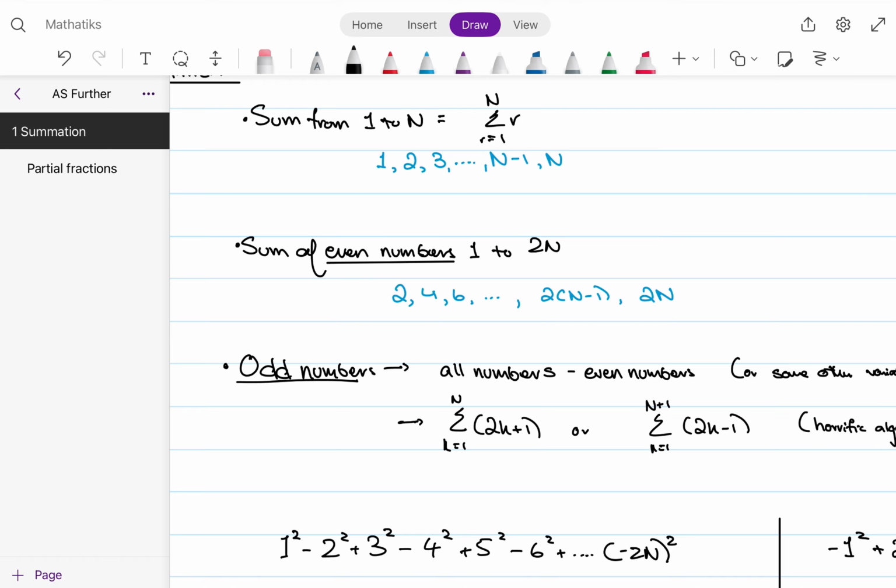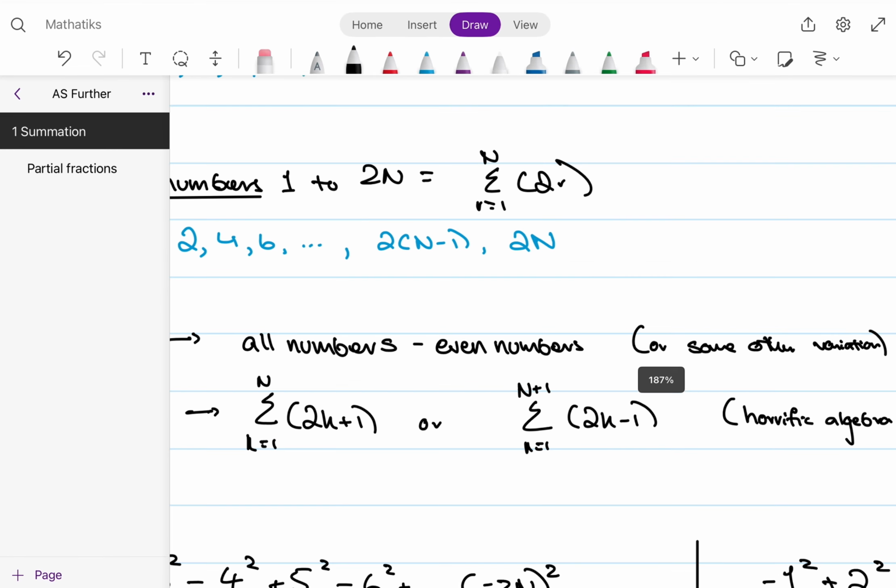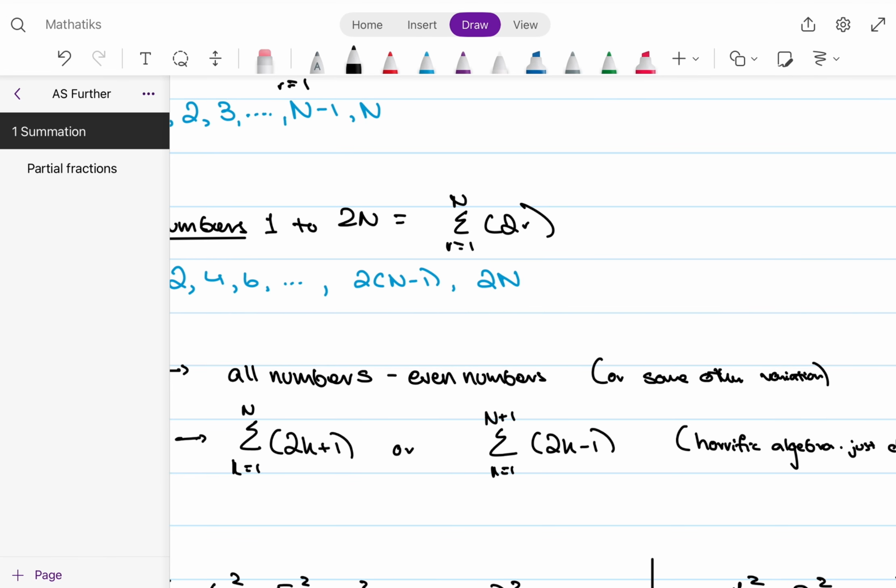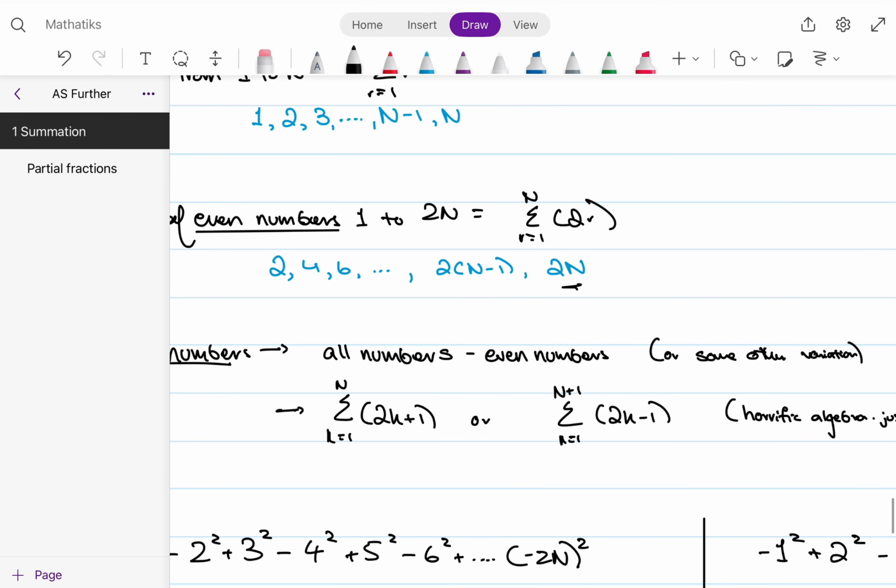If you're finding the sum of even numbers from 1 to n, like 2, 4, 6, 8, you'll do the sum from 1 until n of 2r. Because here when you substitute increasing values of r, you get 2, 4, 6, 8 until you get to 2n.